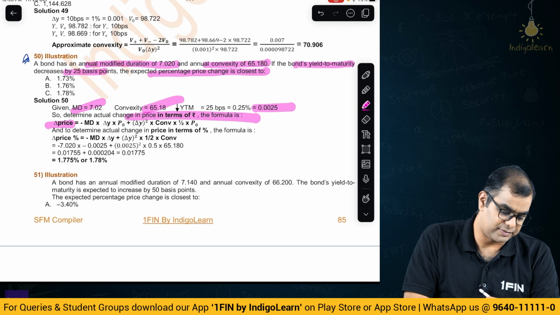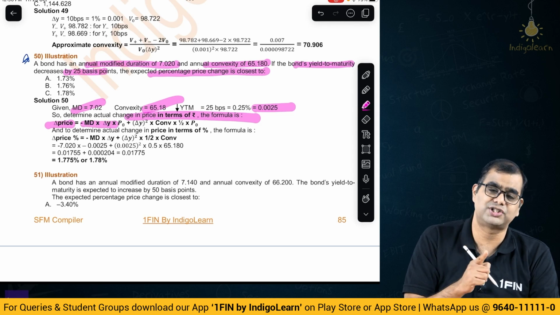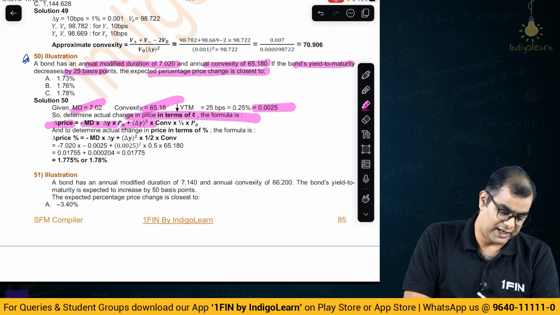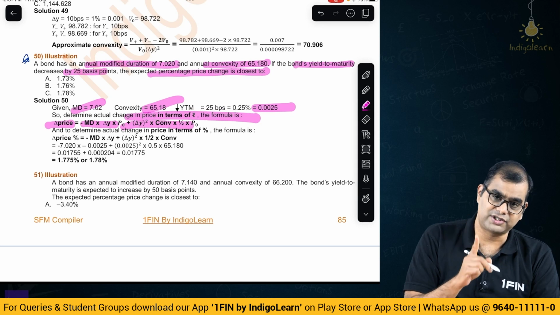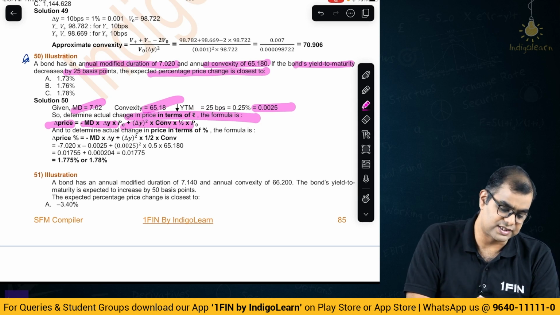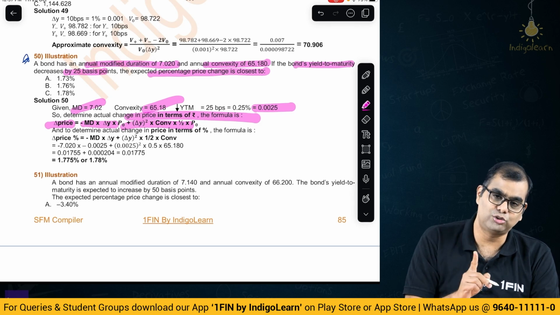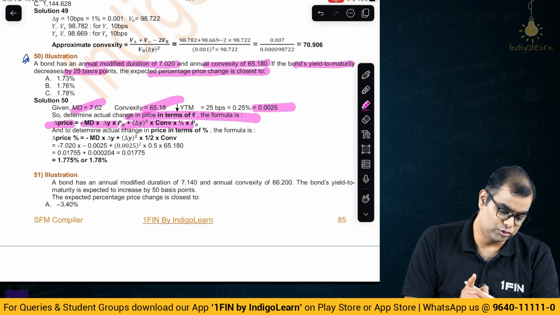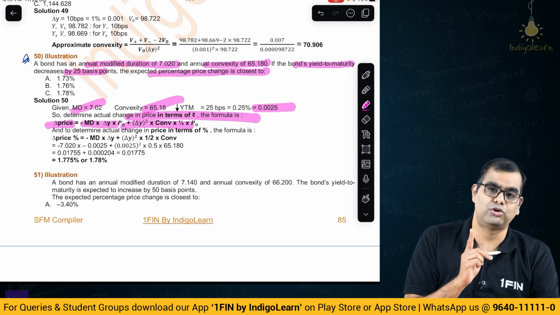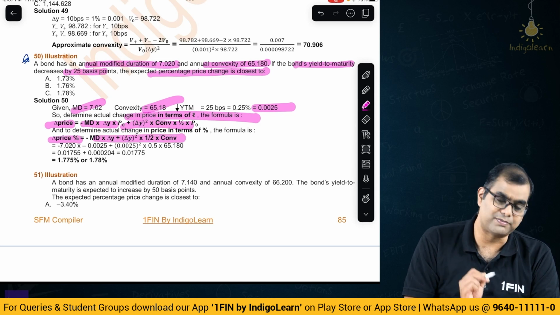Change in price is minus modified duration into change in yield into price, plus for the convexity, convexity also you have to account for it. Convexity value they have given as 65.18, into half into price into change in yield whole square. So, percentage change in price, you fill up this particular formula.